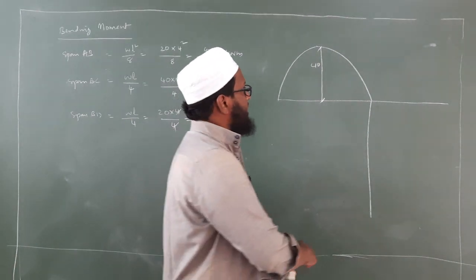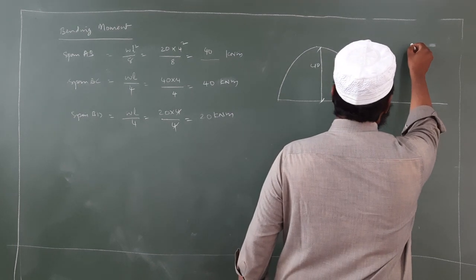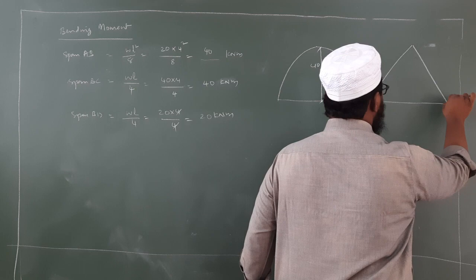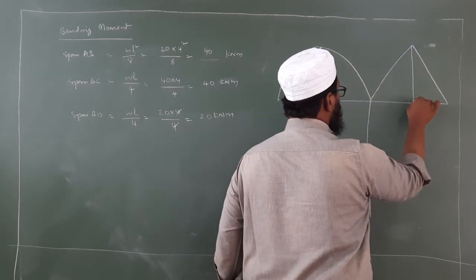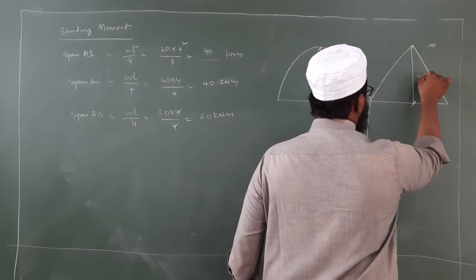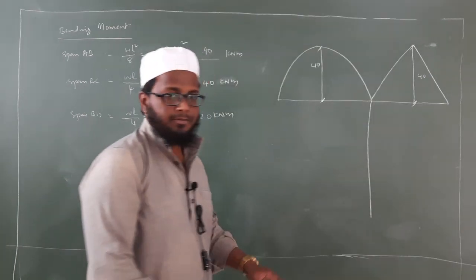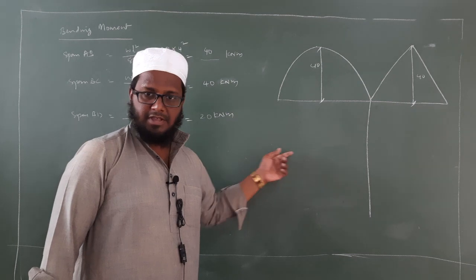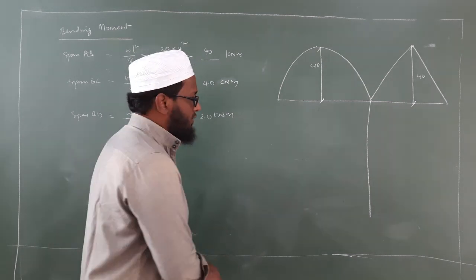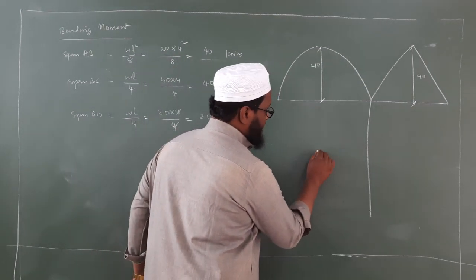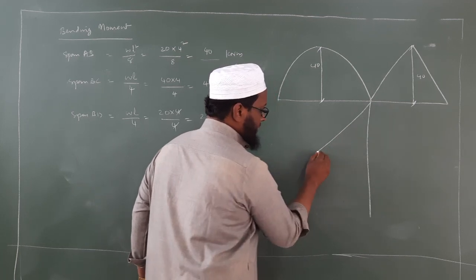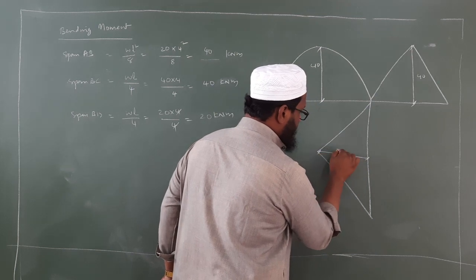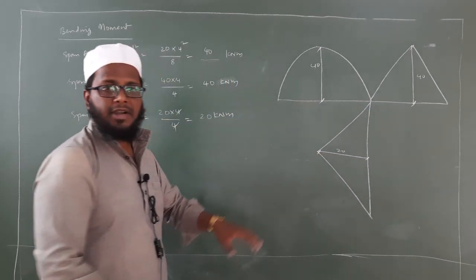What is that? Inclined line, isn't it? We will get a triangle like this, and this distance is again 40. Now what about this one? Inclined line. We have a central point load again here. So 20 means somewhere here. This distance is 20. So I have drawn bending moment diagram.